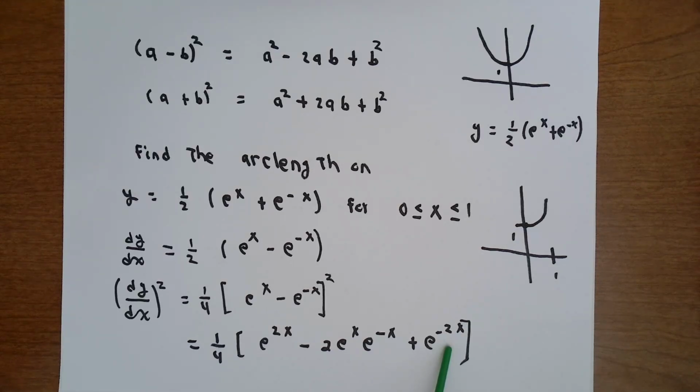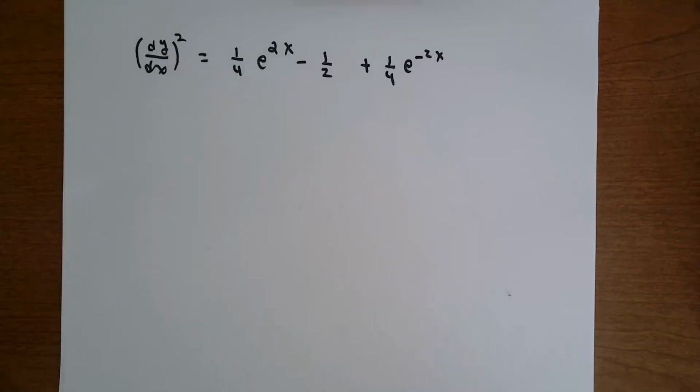In a moment, an algebra miracle is going to happen. If I go ahead and multiply through by the 1/4, I find out that dy dx quantity squared is 1/4 e to the 2x minus 1/2, since e to the x multiplied by e to the minus x is 1, and then plus 1/4 e to the minus 2x.